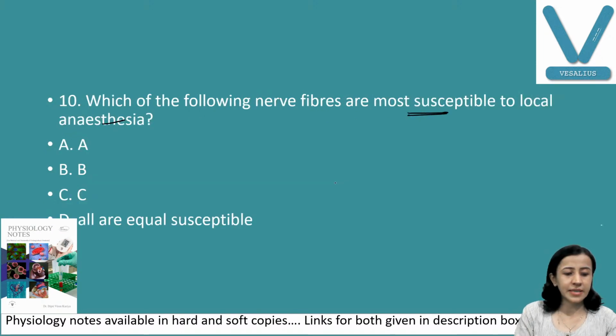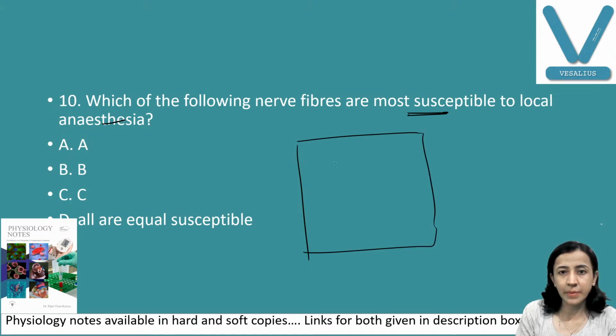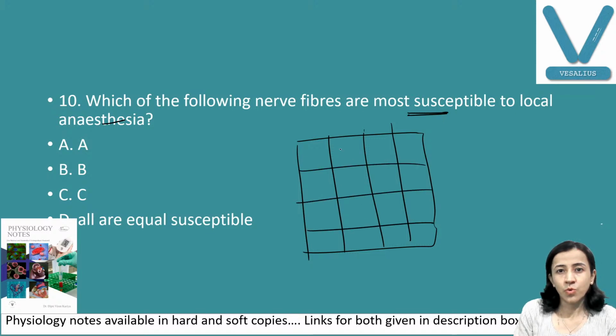I repeat the table again. You can see here, this way you have to make the table. Most susceptible, intermediate, and least susceptible. High: hypoxia, pressure, anesthesia. BAC.